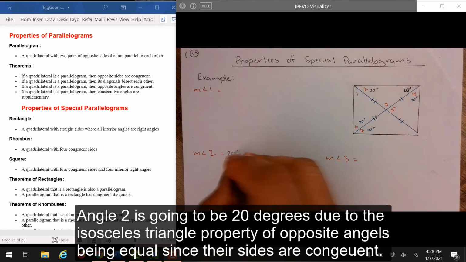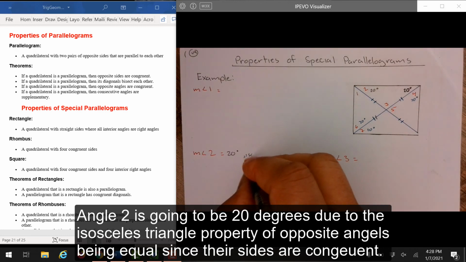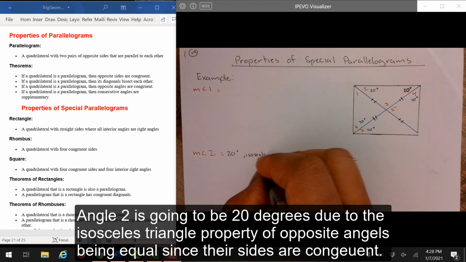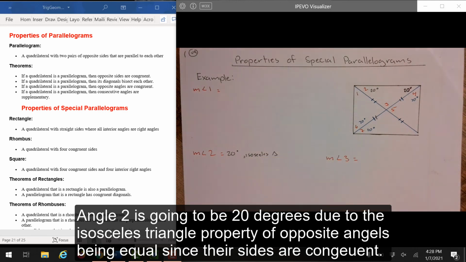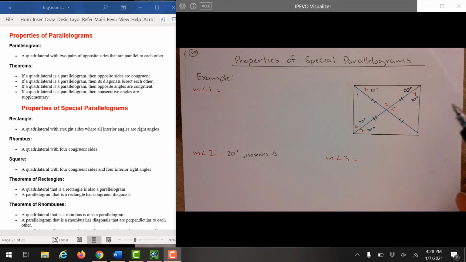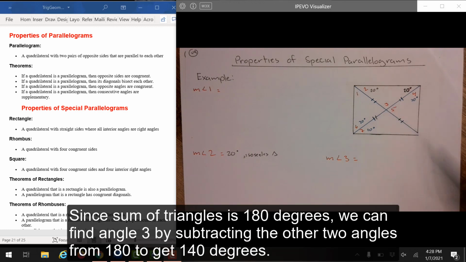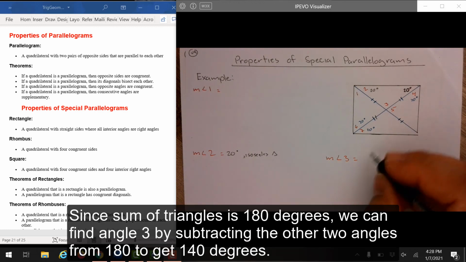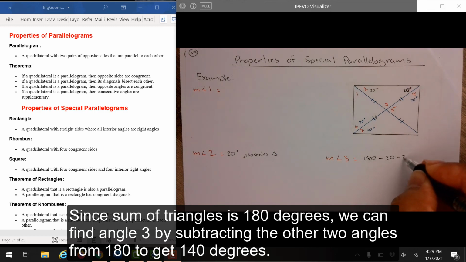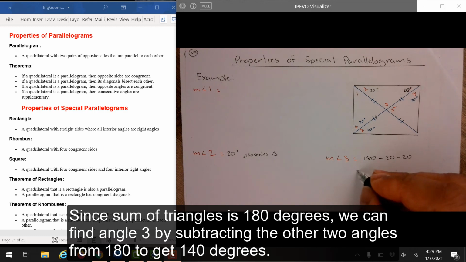Angle 2 is going to be 20 degrees due to the isosceles triangle property of opposite angles being equal since their sides are congruent. Since sum of triangles is 180 degrees, we can find angle 3 by subtracting the other two angles from 180 to get 140 degrees.